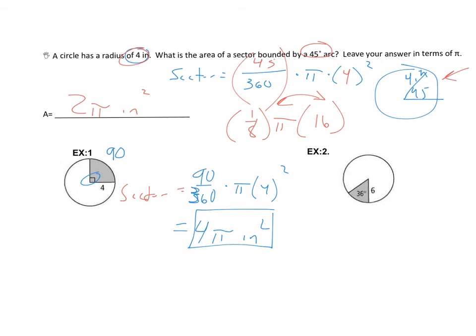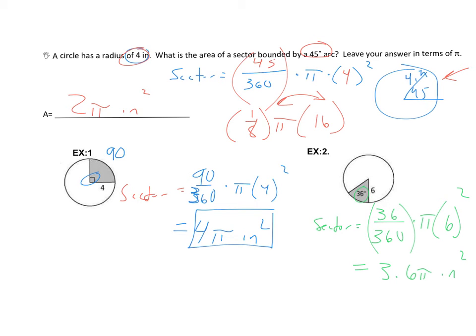For example 2, the sector would equal arc measure, which is 36, over 360 times pi times 6 squared. This ends up being, well, this right here reduces to 1/10, and 1/10 of 36 would be 3.6 times pi inches squared.